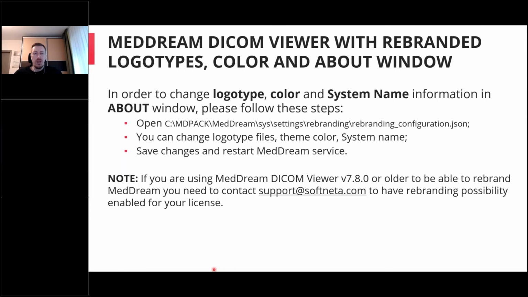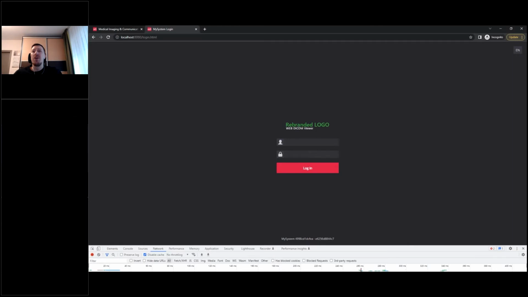So when you go to the MedDream login window, you will see this information here. By default it would be MedDream, but it can be changed in the rebranding JSON, and the system name would be shown here.